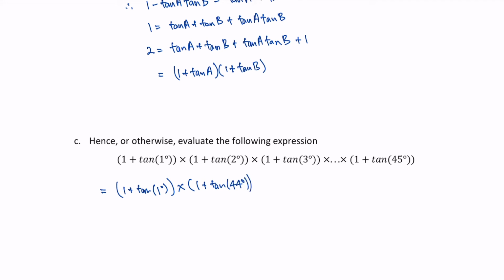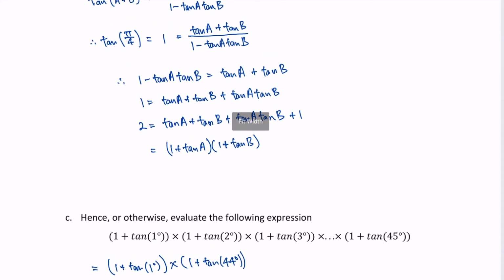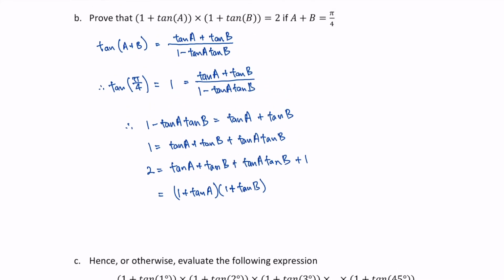So we've just taken 1 from the start and 1 from the end, ignoring the last term, which is 1 plus tan of 45. And you can see that these also form the pattern we did in part B, where A plus B is equal to pi on 4, 45 degrees.